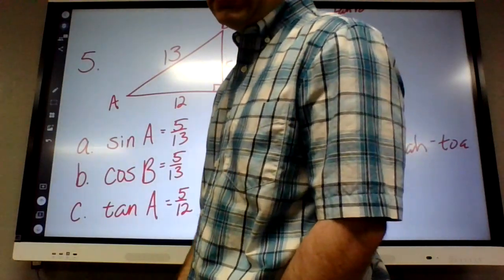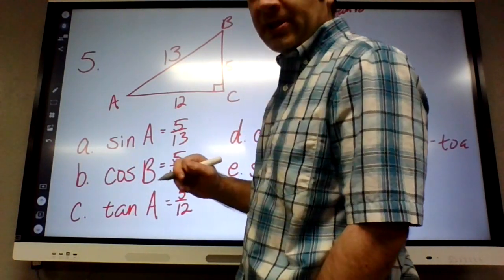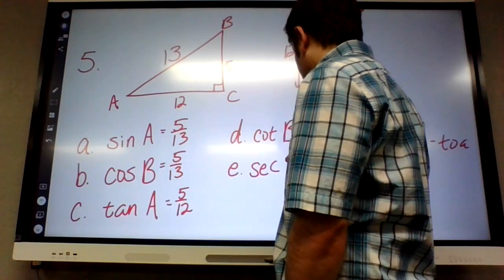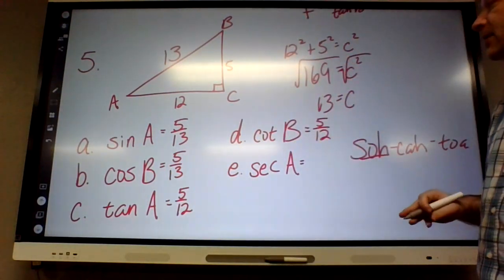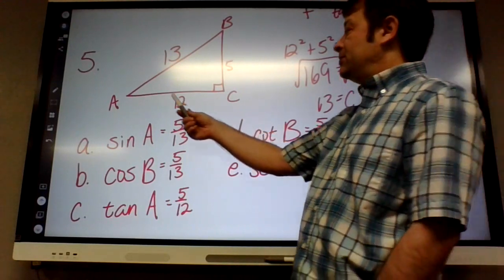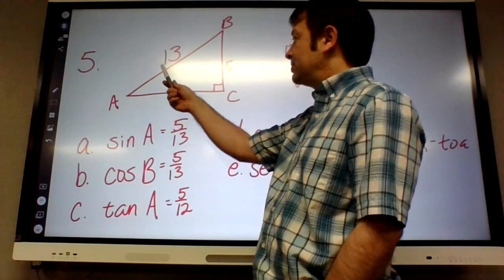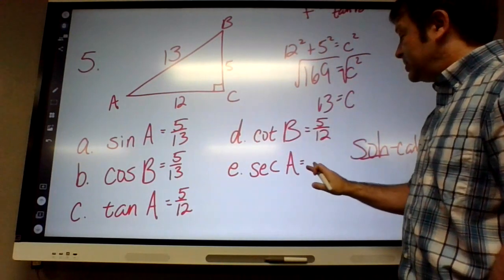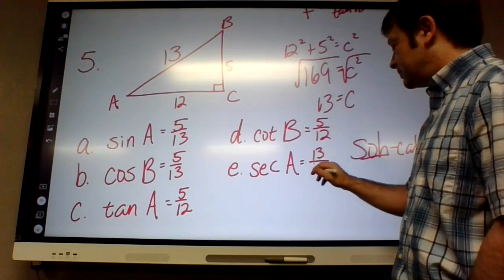E, secant. All right. I thought we knew this one better. This is cosine. Secant is cosine upside down. So cosine of A would be adjacent 12 over hypotenuse 13. So secant is the reciprocal of that, 13 over 12.